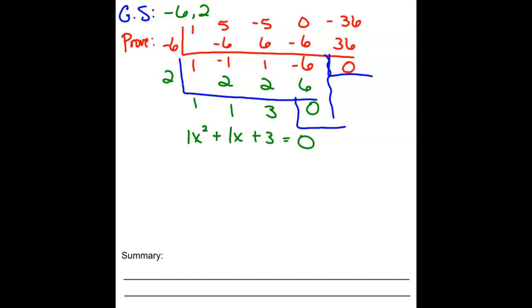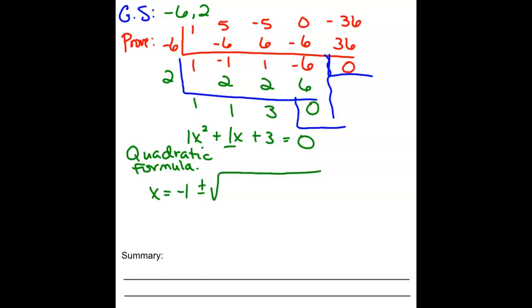And I need to figure out what makes that 0. And because there's that x in the middle, I can't use the square rooting technique, so we are going to have to do the quadratic formula. All right, so x equals the opposite of b. b is a 1, so we need negative 1, plus minus the square root, b squared, minus 4 times a times c, whole thing divided by 2 times a.